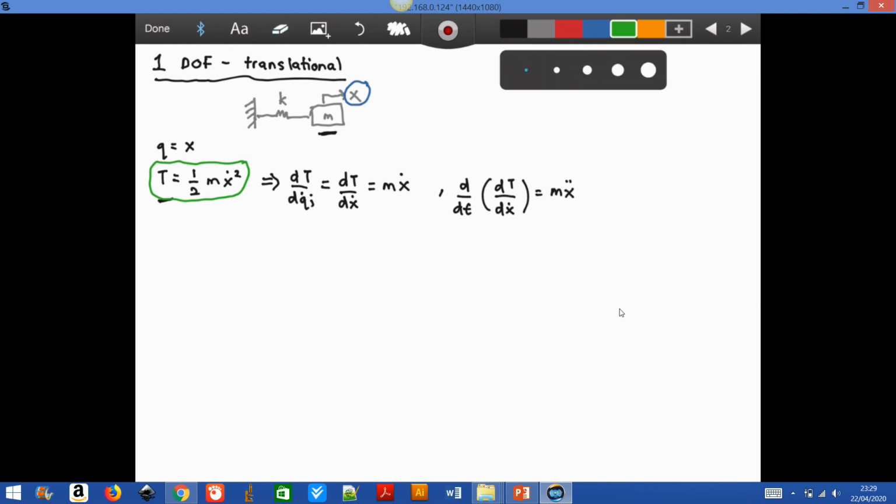Okay, so if we differentiate this with respect to time, we will get m x double dot. So why do I find all of this?